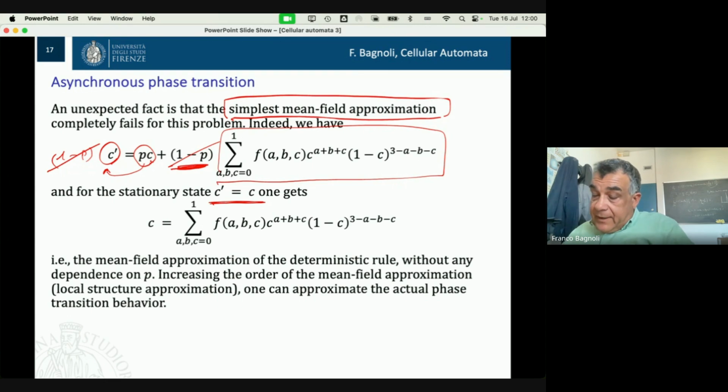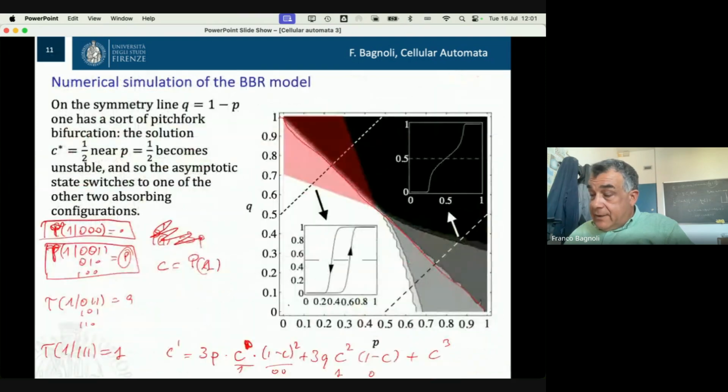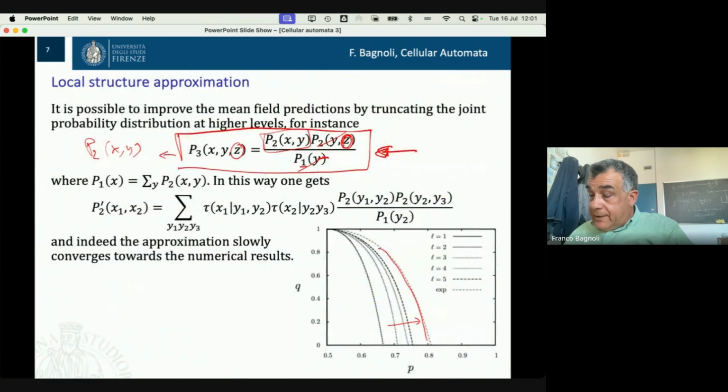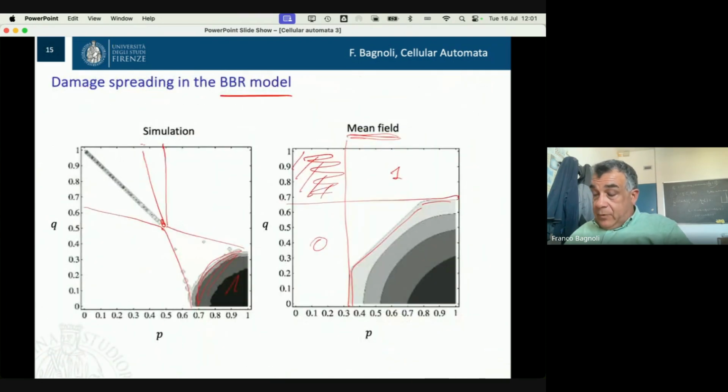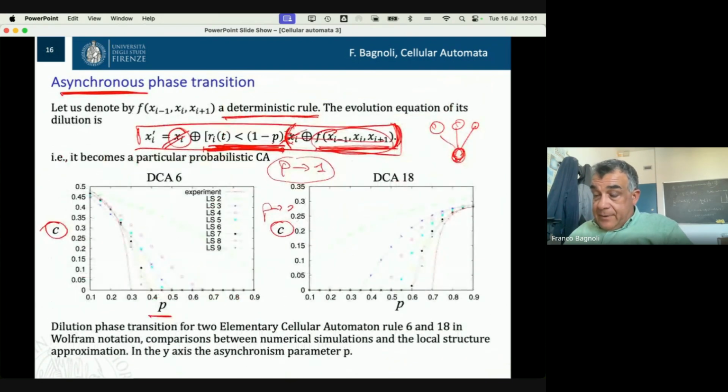And clearly, using other kinds of approximation, like for instance the ones that we have seen before approximating the Domany-Kinzel model, can be able to reproduce some of these aspects.